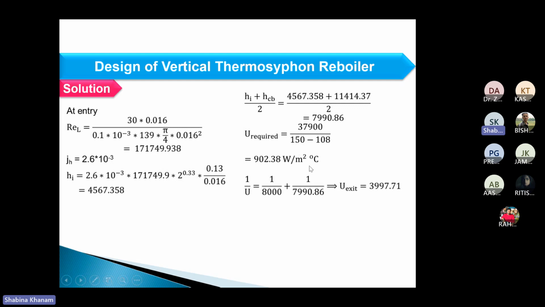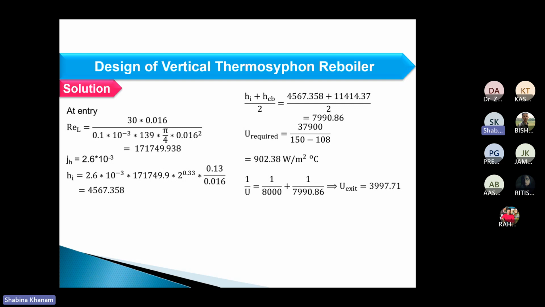Okay, and that is coming as 902. Now, if you consider this overall heat transfer coefficient, this value should be higher than this. Okay, because at least this much heat transfer coefficient should be there. Okay, you are getting higher than this, that will be sufficient, that will be okay.